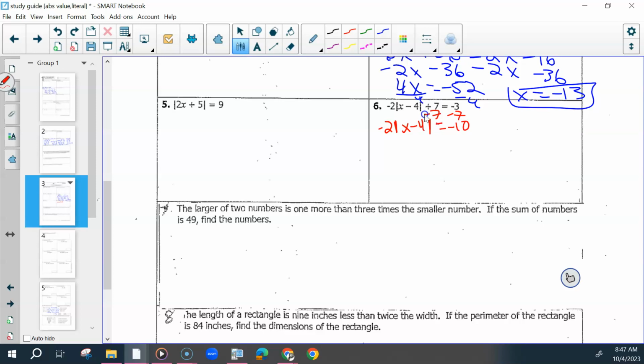Now, yes, this equals a negative, but this is not isolated, so we can keep going. Divide both sides by negative 2. Now it's a positive, so now we can keep going.